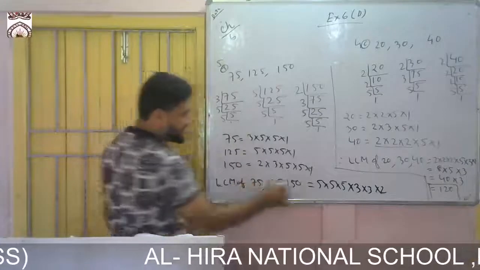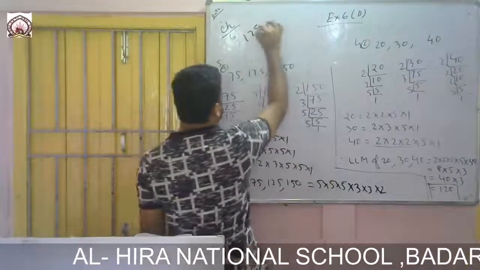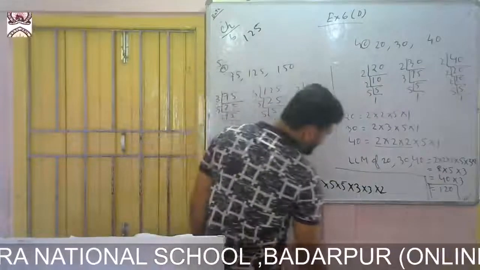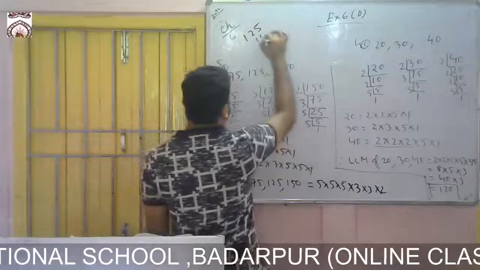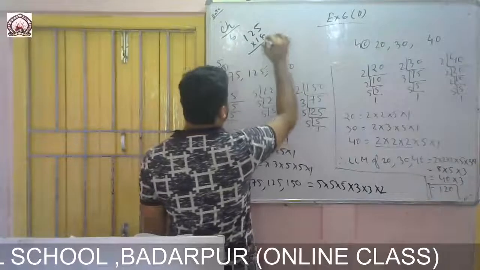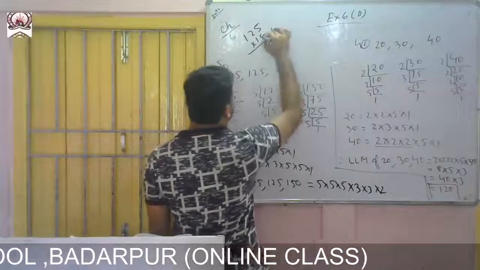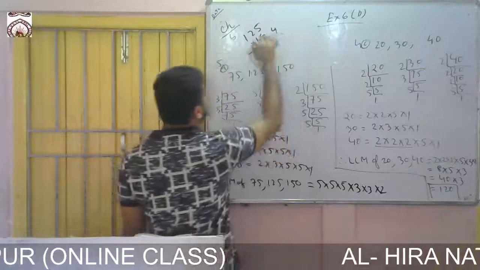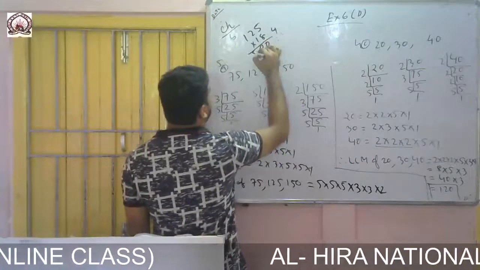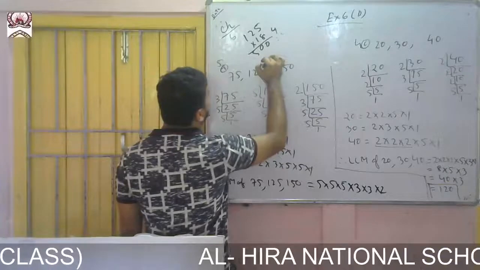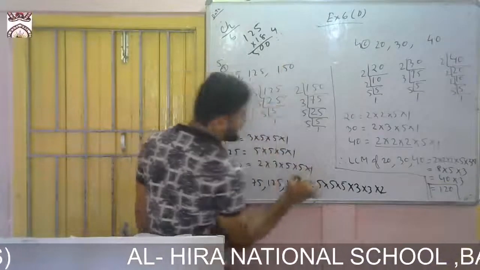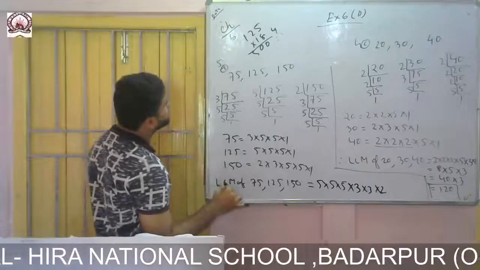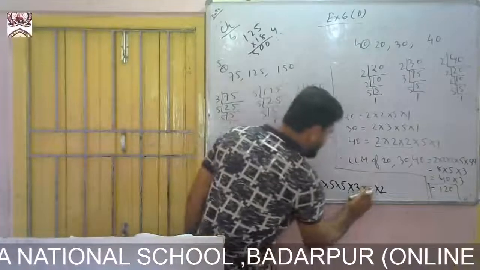Now let us check. 125, here 3 3s are 9, 9 3s are what? Let me check. Sorry, this 3 is repeating one time.